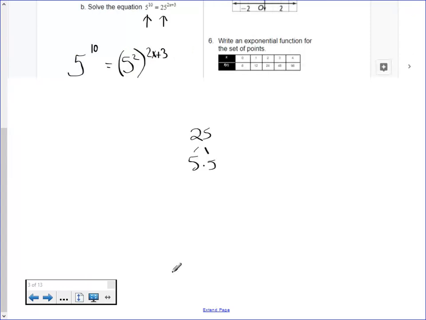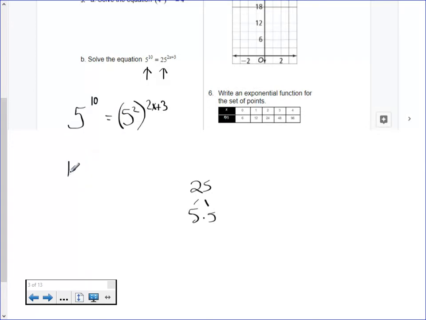So on the left side, I'm just going to write down my exponent. It's 10. On my right side, though, I have to multiply both of my exponents together. So I've got a 2, and I need to multiply it by 2x plus 3. This is now just an equation. Your left side still stays 10, and then you distribute your 2.